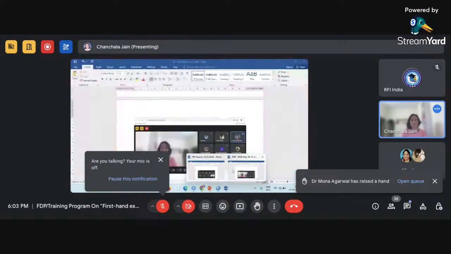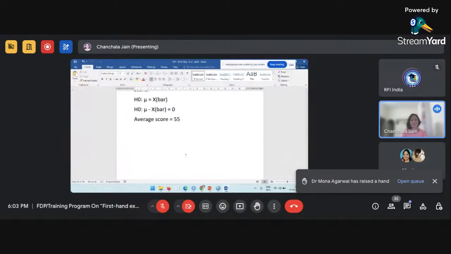So as ma'am said, I am writing here: there is no significant difference in the mean salary of male and female employees. This way I have written a hypothesis.